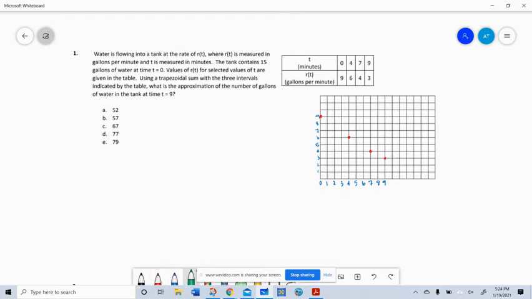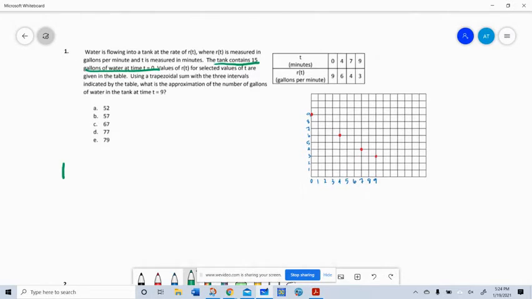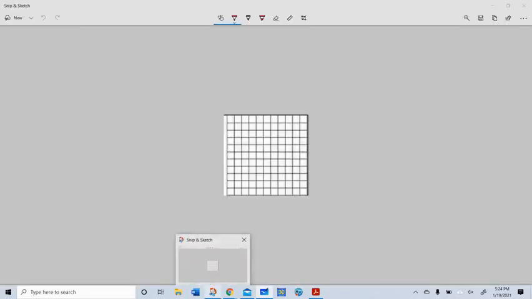Well, the first thing we want to remember is that the tank has 15 gallons to begin with. Okay, so we know we need to start with 15. And then we need to add on an approximation for the area under the curve from 0 to 9 minutes, R of T dt.